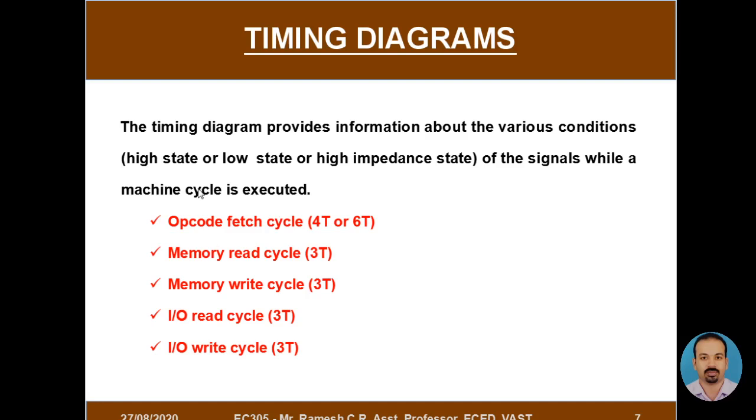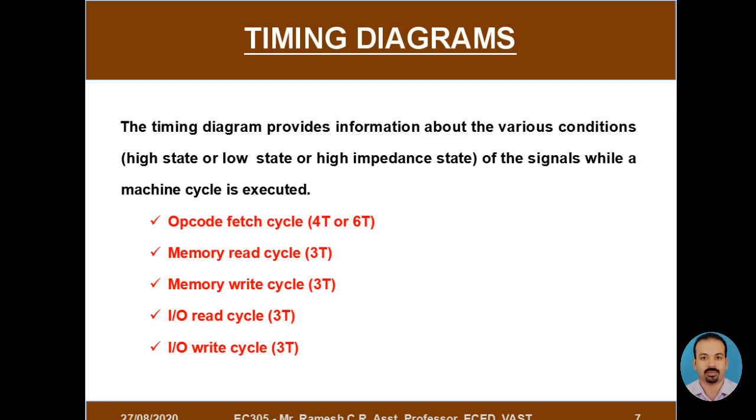If there is an opcode fetch operation due to an interrupt, then we need to go for the six T states. For the time being, as per the syllabus, we need not go for this six T state opcode fetch cycle. We will be just concentrating on the 4 T state opcode fetch cycle.